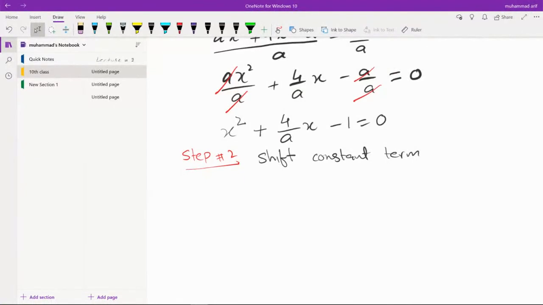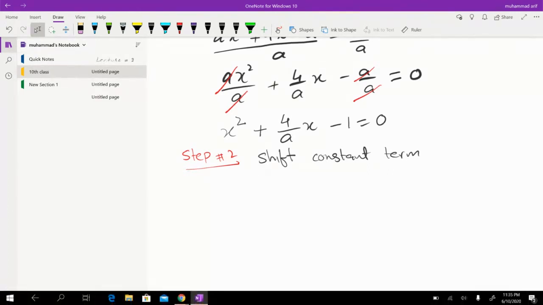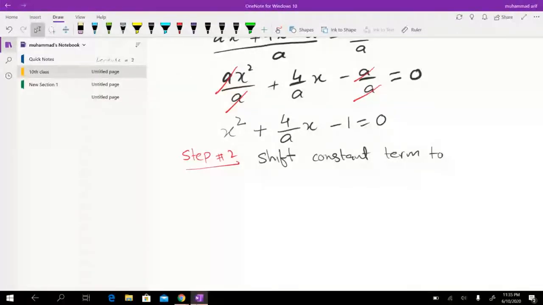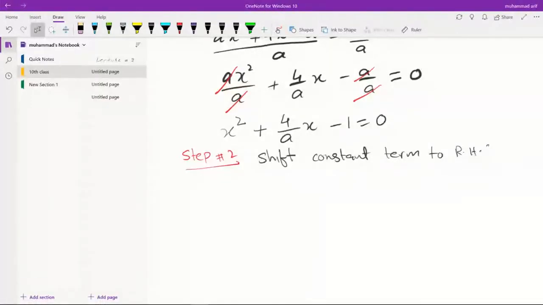Shift constant term to right hand side. What is constant term?